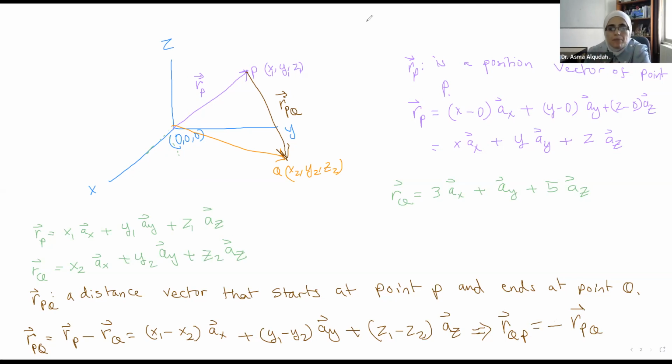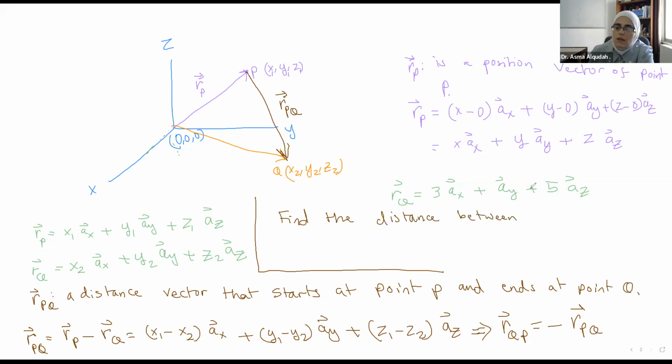Right. Now we could find the distance vector between points P and Q, R sub PQ. Now, if I want you to find the distance between P and Q, if I ask you about the distance between the 2 points, then that means I'm asking you about a scalar quantity.